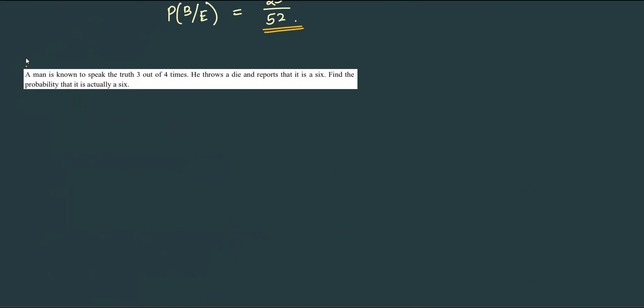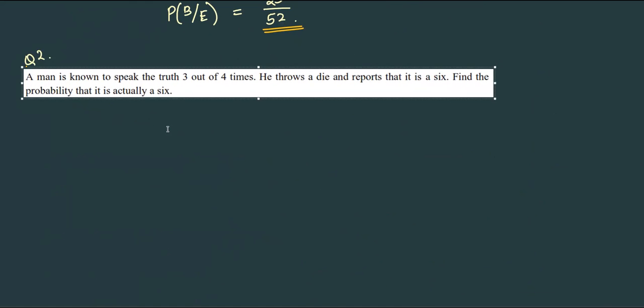So question 2. A man is known to speak the truth 3 out of 4 times. He throws a die and reports that it is 6. Find the probability that it is actually a 6.